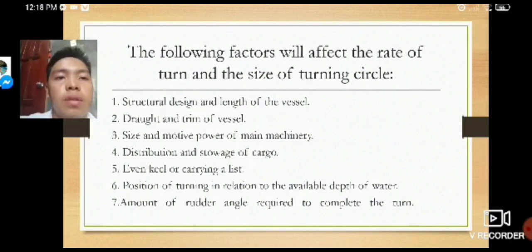Distribution and stowage of cargo. Number 5. Even keel or carrying a list. Number 6 is the position of turning in relation to the available depth of water. And the last is number 7, the amount of rudder angle required to complete the turn.